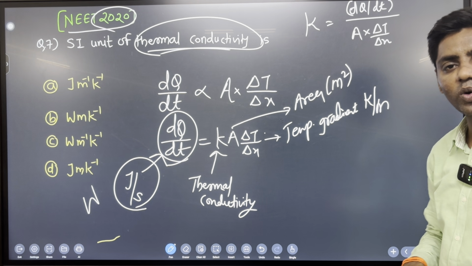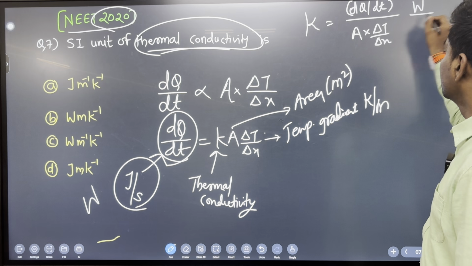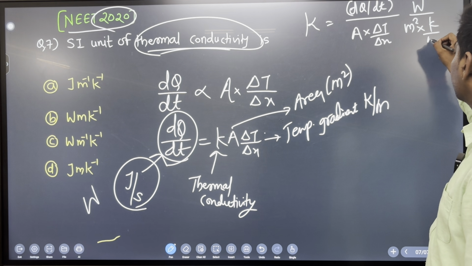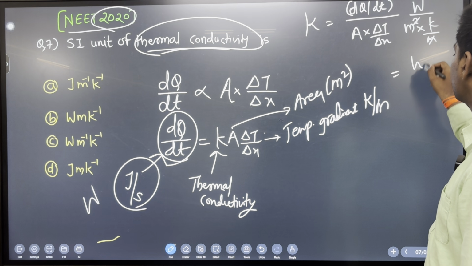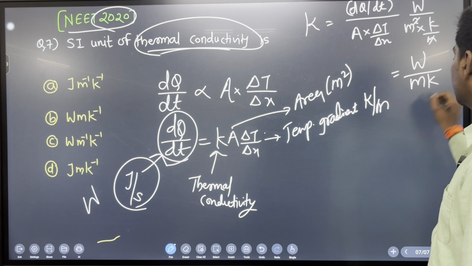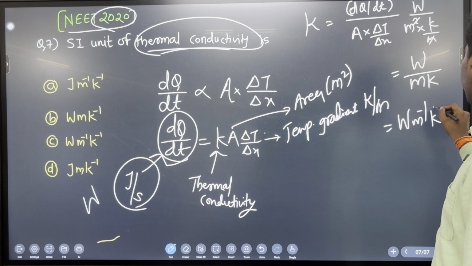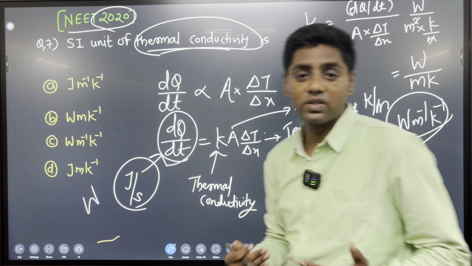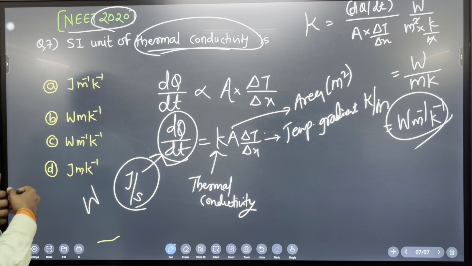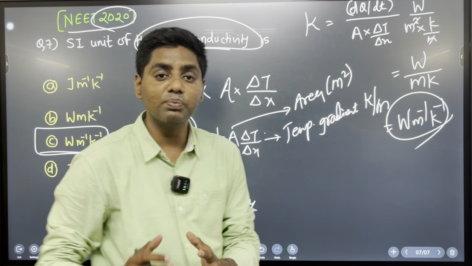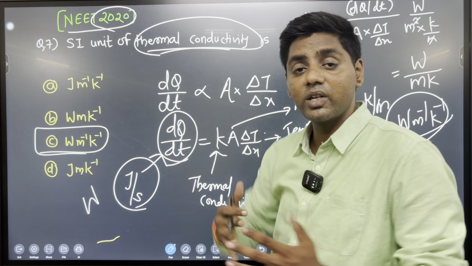So dQ by dt, what is the SI unit? Watts. Area is meter squared and Kelvin per meter. 1 meter gets canceled, it becomes watt divided by meter Kelvin. Take both units upward, that is watt, meter raised to -1, Kelvin raised to -1. So now this is the SI unit of thermal conductivity. So which option is correct? Option C is correct.